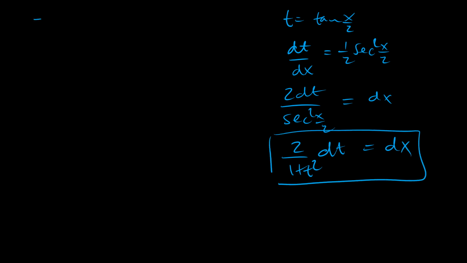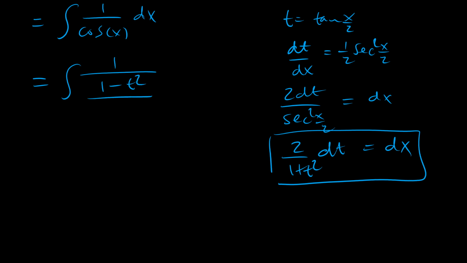So that if our problem is 1 over cosine of x integrated, this is the same as 1 over 1 minus t squared over 1 plus t squared, this times 2 dt over 1 plus t squared.